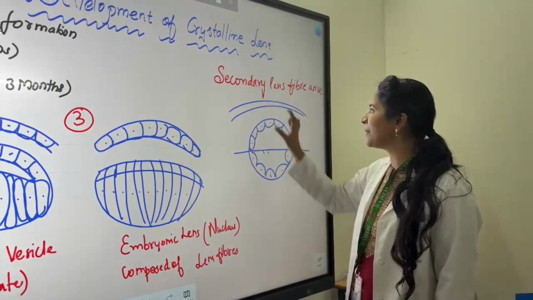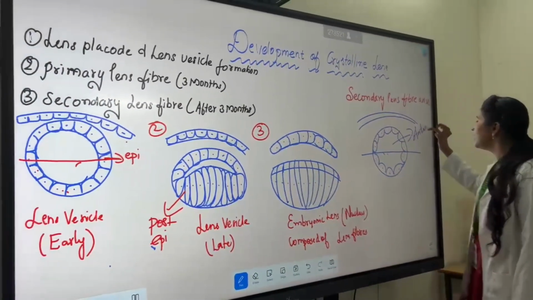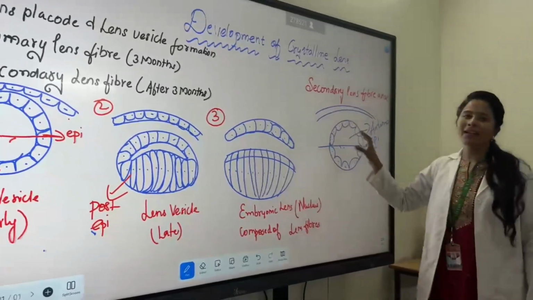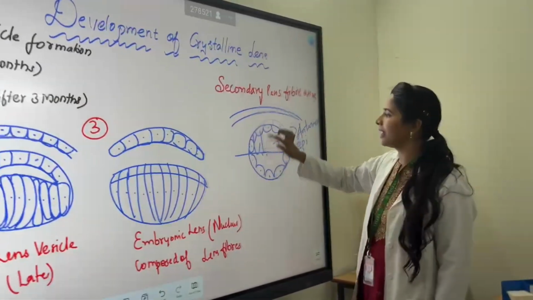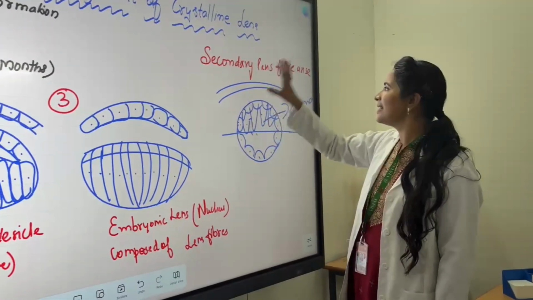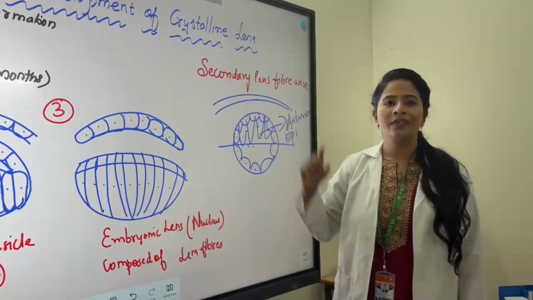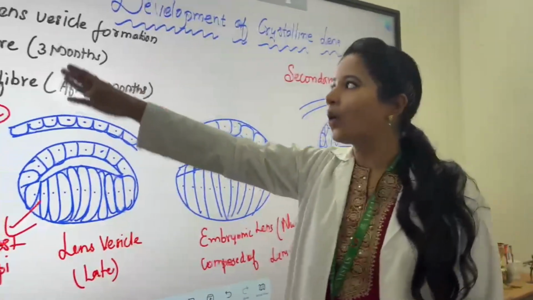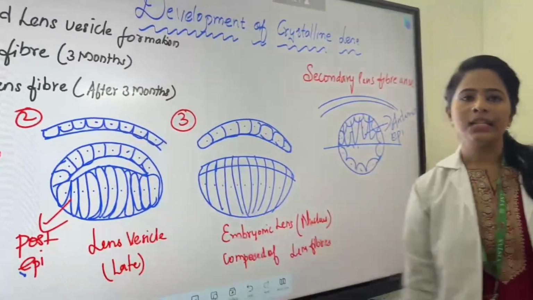In secondary lens fibers, the anterior epithelium will occupy the space there. Then it is called the secondary lens fiber. It will come like this. It will occur after 3 months of the gestation period. So we have all studied the lens placode, lens vesicle formation, primary lens fiber and secondary lens fiber.